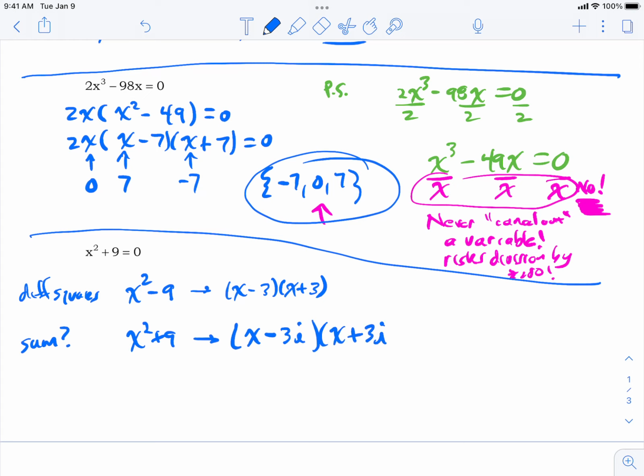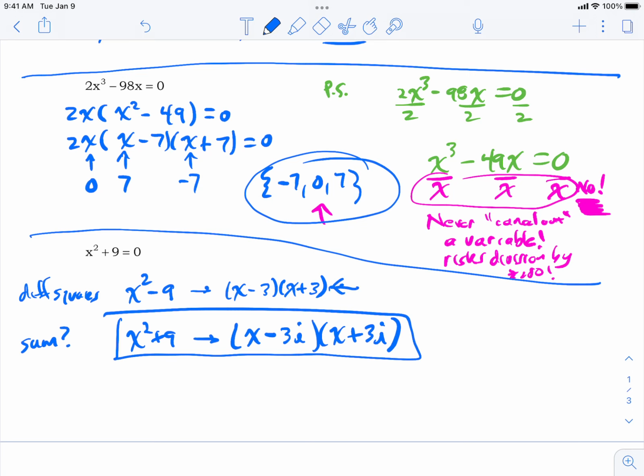Notice it's a very similar structure to doing a difference of squares. So if you had x squared minus 9, again, you'd say, hey, x minus 3, x plus 3. If you have x squared plus 9, you go x minus 3i, x plus 3i. You just add the i in there.